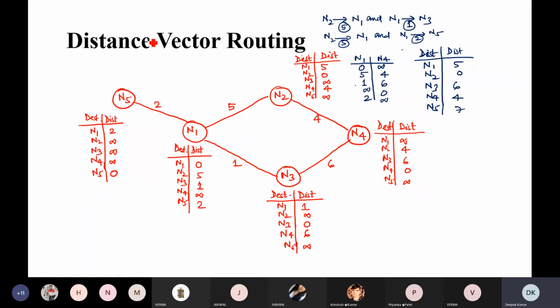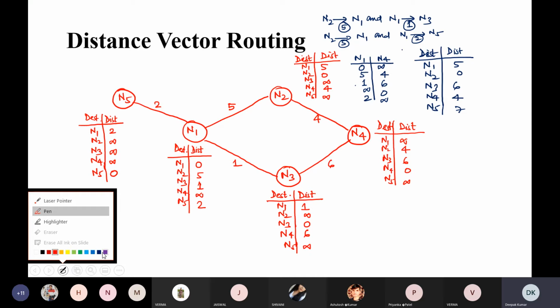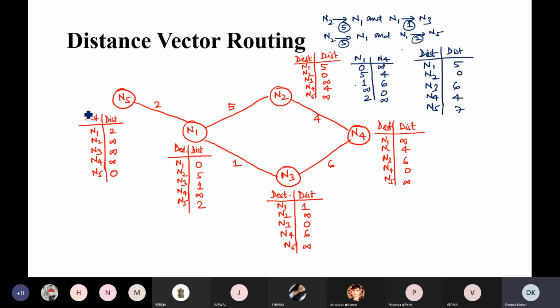Now, to understand this routing algorithm, see this network architecture and try to understand how the routing table is created by each node. Suppose N1, N2, N3, N4, and N5, five routers, are connected in this fashion, where the first column is for destination and the second column is for distance.